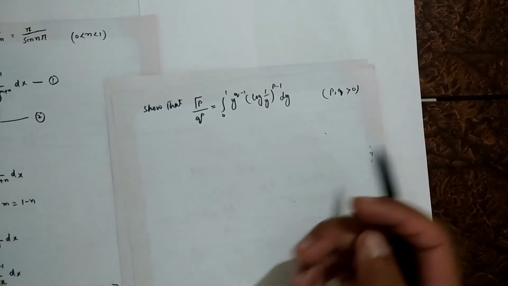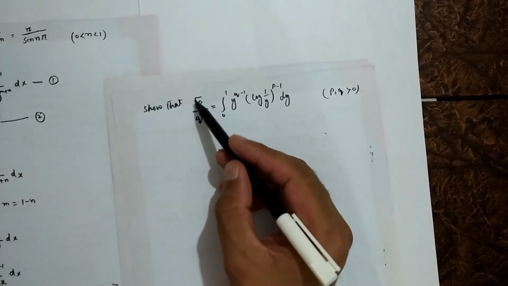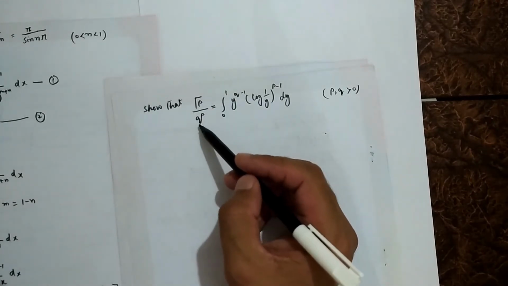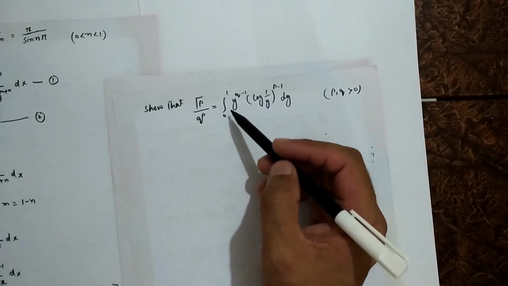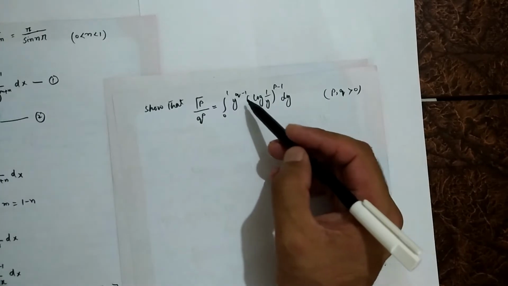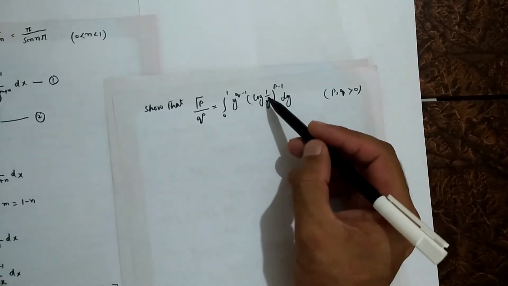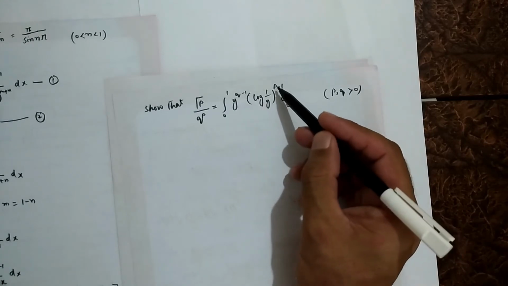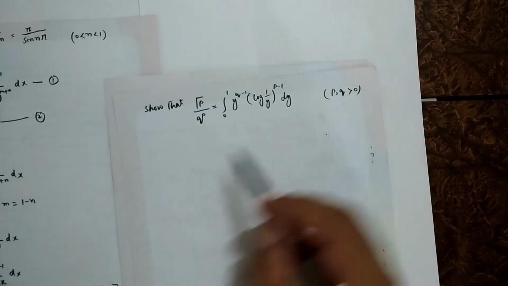Now in this problem we are asked to show that gamma p divided by q to the power p is equal to integral from 0 to 1 of y to the power q minus 1 into log of 1 upon y, whole to the power p minus 1, into dy, where p and q are greater than 0.